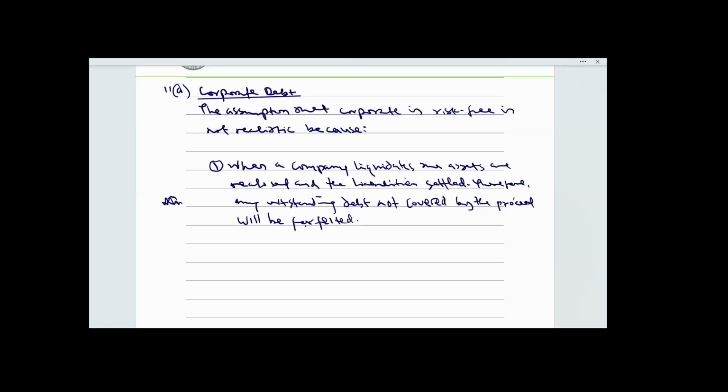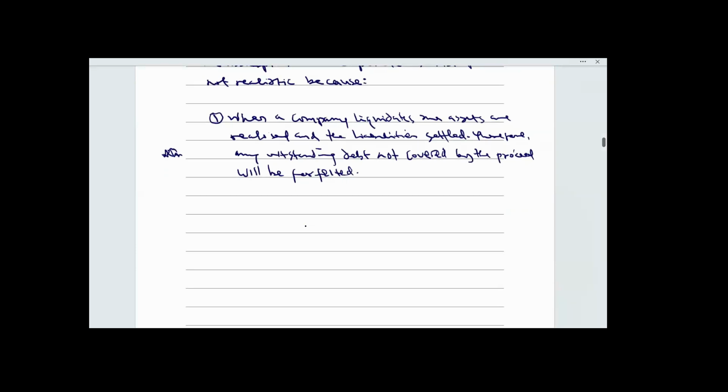Okay. In this circumstance, corporate debts cannot be assumed to be risk-free.